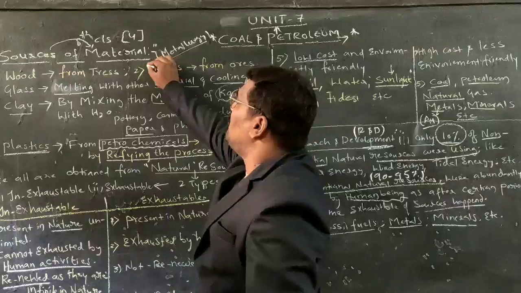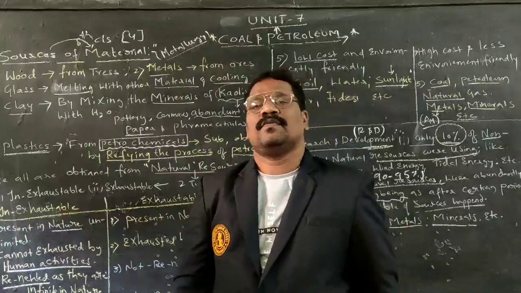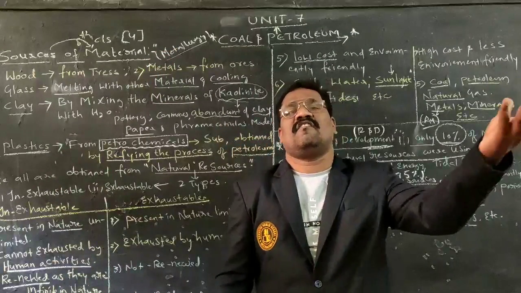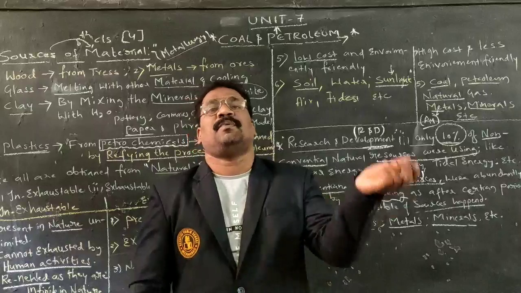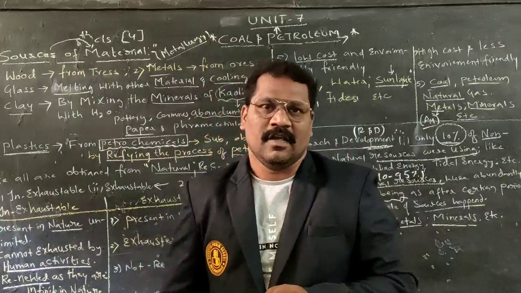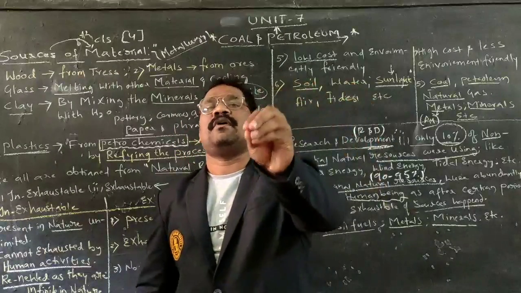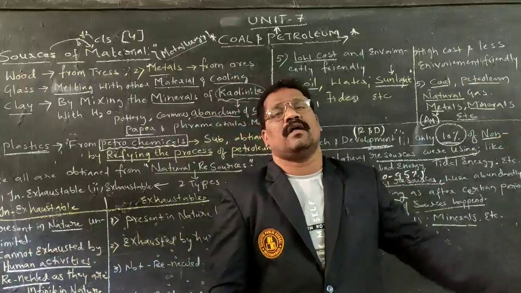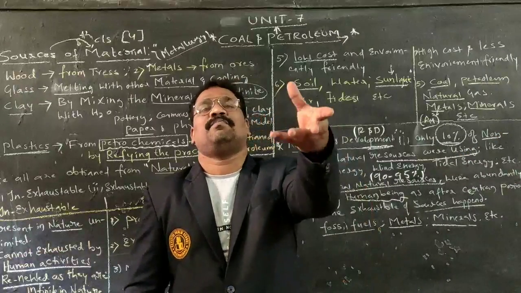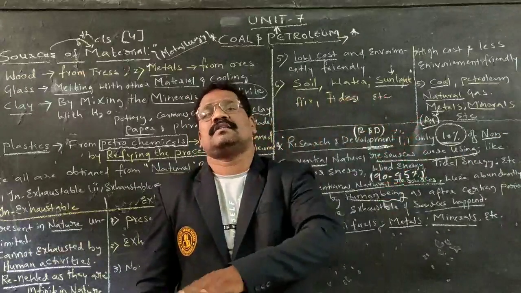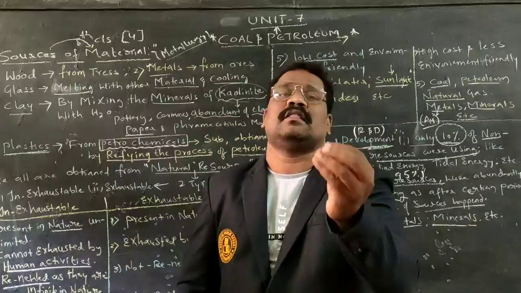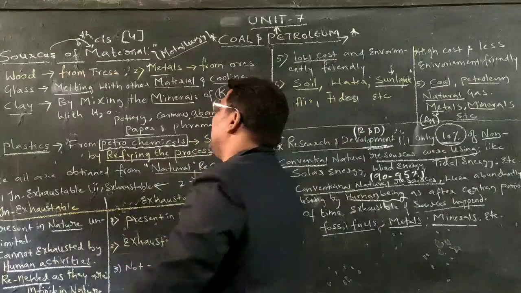Next one is metals. So many metals exist for us. Within the periodic classification, about 75% of all elements are metals.